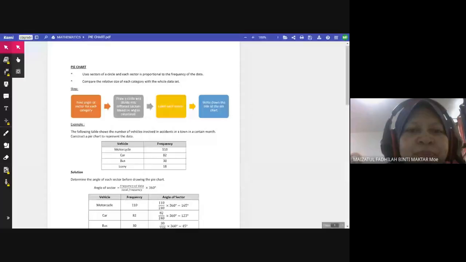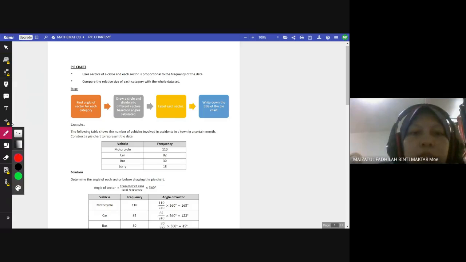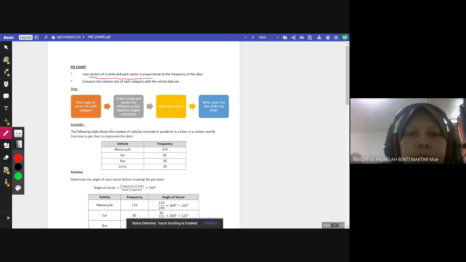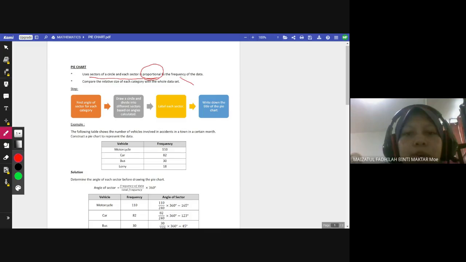So the next one is the pie. Okay, so this is the pie chart. Right, so a pie chart just looks similar to the bar chart, right? But this one is more about the angle of the sector, proportional to the frequency of the data.